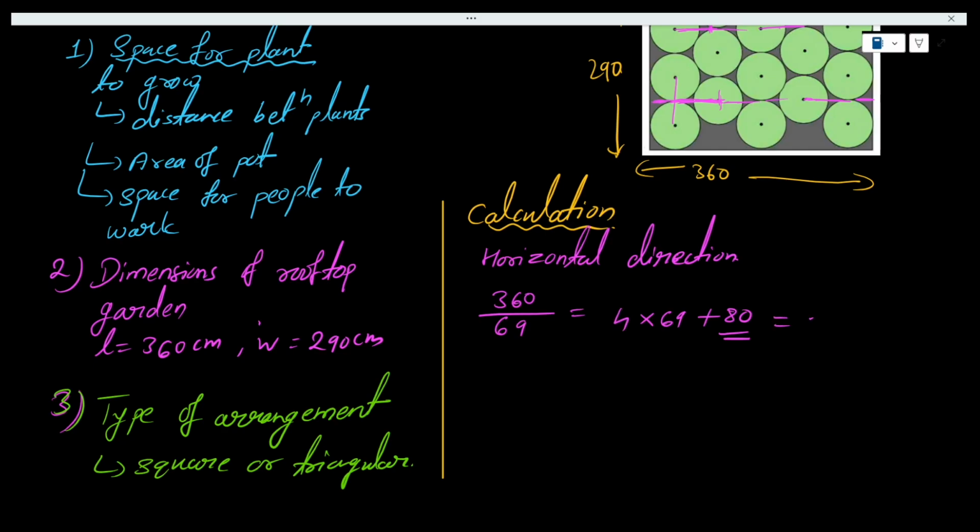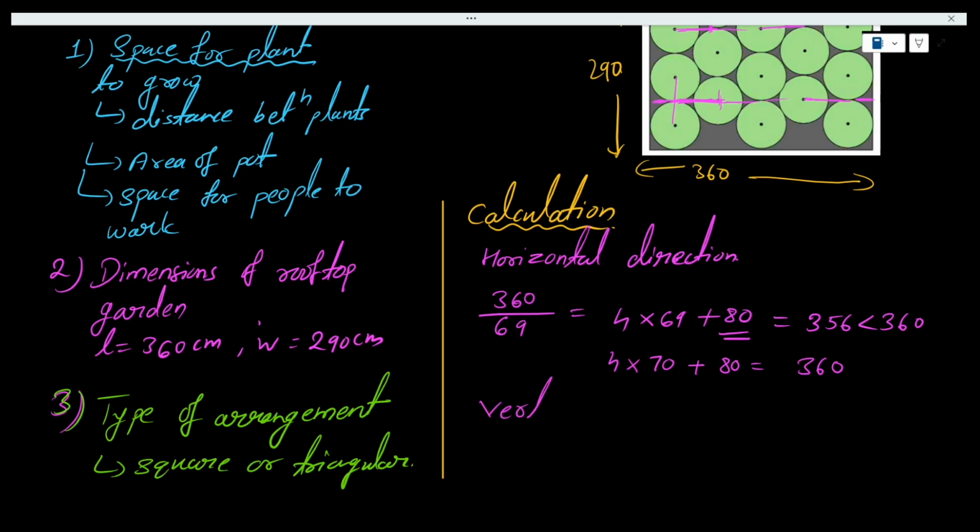Then you will get 356, which is less than the horizontal length 360. That means on the horizontal side you can fit 4 circles, right? Similarly, if I take 70, because if we round up, 280 plus 80 is exactly 360. That means still there will be 4 circles in the horizontal direction.